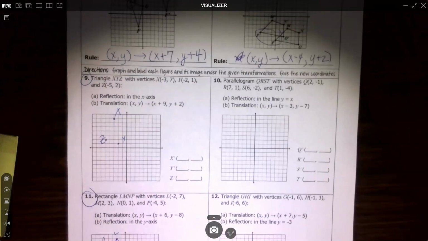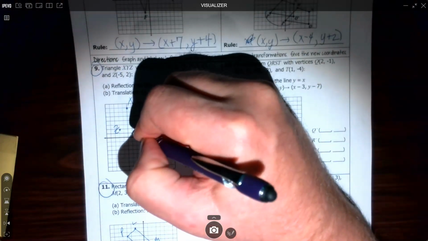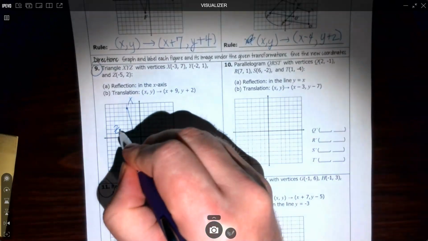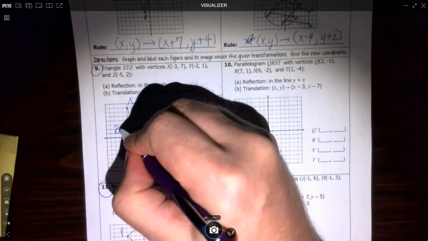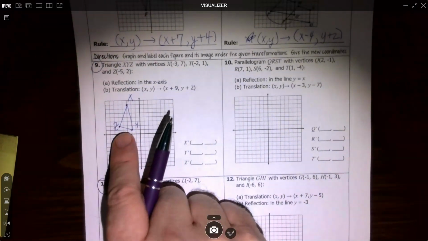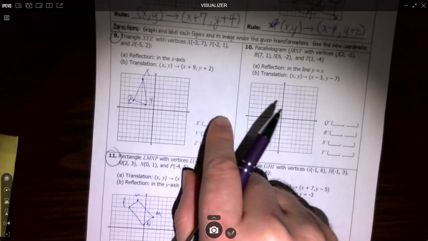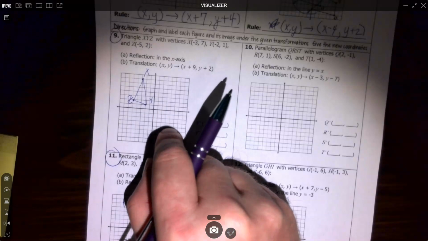Okay, 9 and 11. What I wanted to do was I drew my shapes in just so I can kind of talk about how to do this. All right, so your responsibility is to put the original in and then figure out how to do this and put its final result on the graph paper.